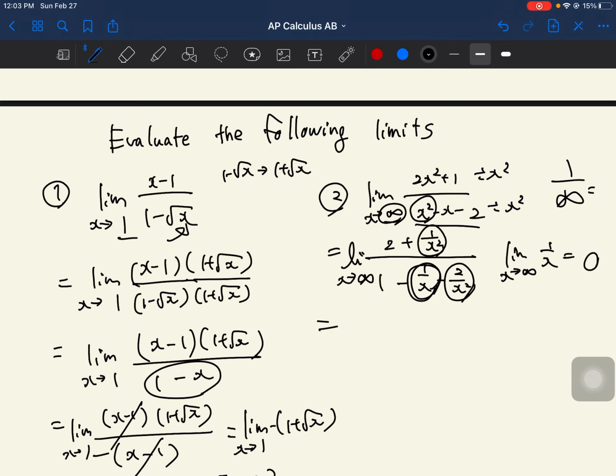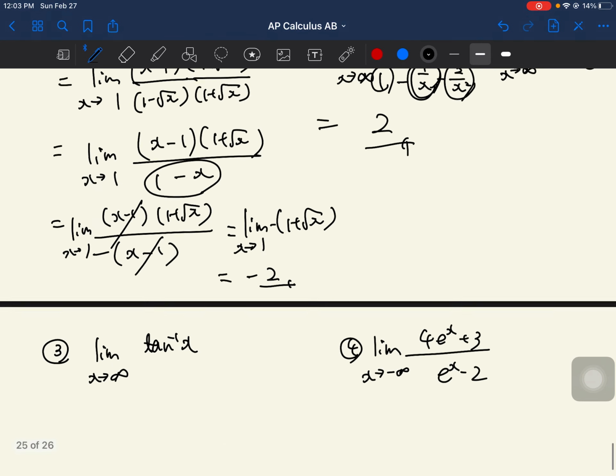So these terms are getting close to 0, so you can just cancel them out. Then the leftover is 2 and 1, so the answer is 2.